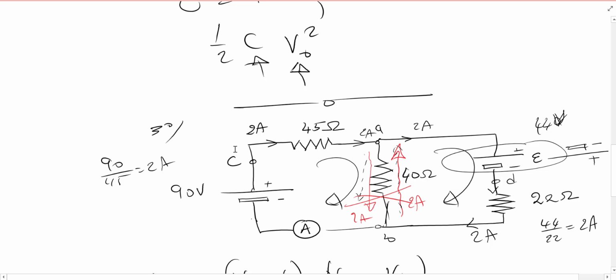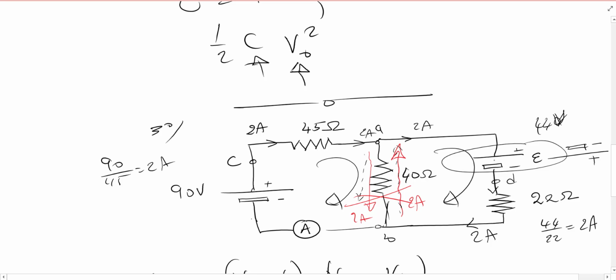Had this initial current, the 2 amps, been less than 2 amps, then there would be less of a rise in potential here than this drop of 90 volts. In other words, point A would be higher than point B, and there would be a net current flowing down. This current would be less than 2 amps, and this EMF would probably need to change its direction, but its value would be different from the 44 volts.